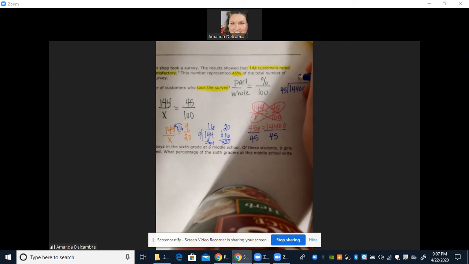4, this would be a 3 because 3 times 4 gives me 12, which is close to 14. 4 gives me 16, so it's too big. 3 times 5 is 15. Carry my 1, 12, 13. Have 9 left over, bring down a 0. If I double 45, I get 90, so this would be 2.